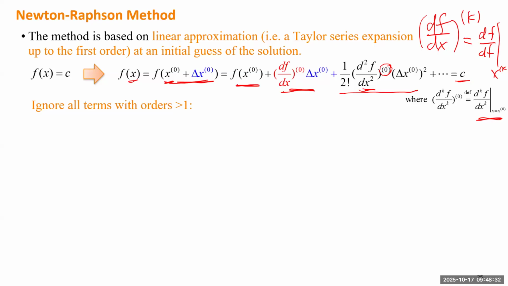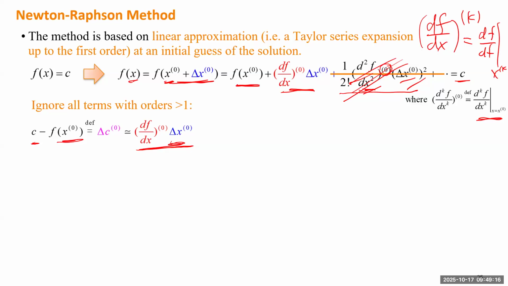The Newton-Raphson approach simply ignores any nonlinear term. They only keep the linear part because it's based on linear approximation. So the gap between c, the value of the function, and the estimate of the function based on some initial guess can be approximated by this linear form, which is equal to the first order derivative taken at that initial estimate multiplied by some update of that x value.